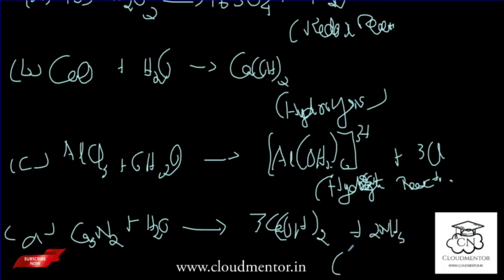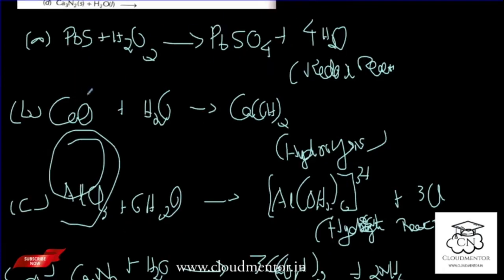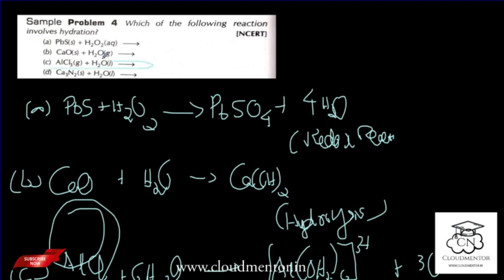This is also a hydrolysis reaction. Among the given reactions, the water is added only with the AlCl3, so it is an example for the hydration reaction. So option C is the right answer.